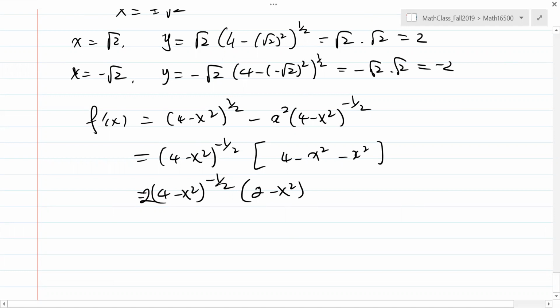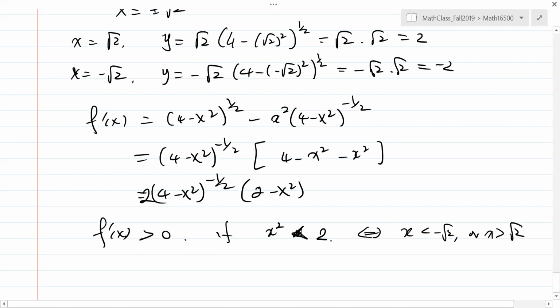Yeah. So again, this is going to be positive if x squared is less than 2. This is the same as x greater than negative square root 2 and x less than square root 2.